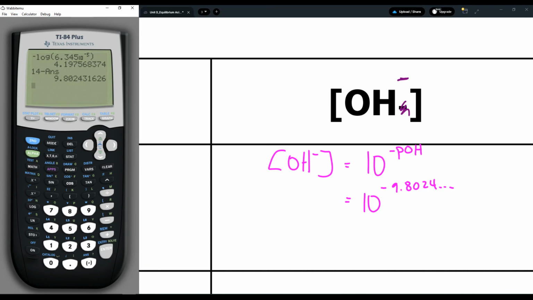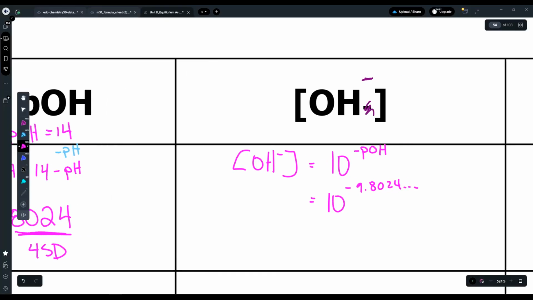Okay, so if I go second function log to get the 10 to the power of, negative, and then second function answer, so I get 1.5760 goes on forever times 10 to the power of negative 10. So most people forget to write the times 10 to the power of negative 10. That's the most common mistake there.